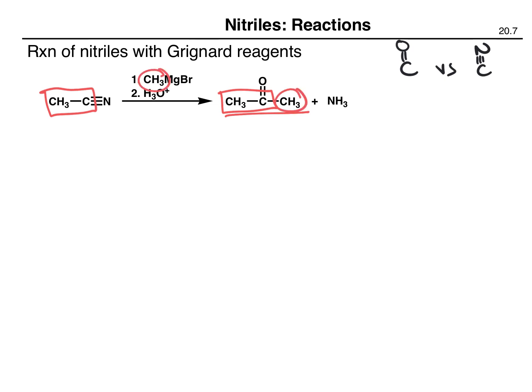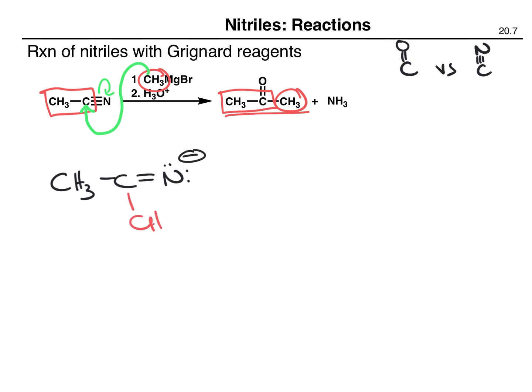All right, so what's happening? Just as you would expect, the Grignard is a source of a nucleophilic carbon, so this is going to share electrons with the carbon, pushing these electrons onto the nitrogen. Let's see if I can stick with color coding.